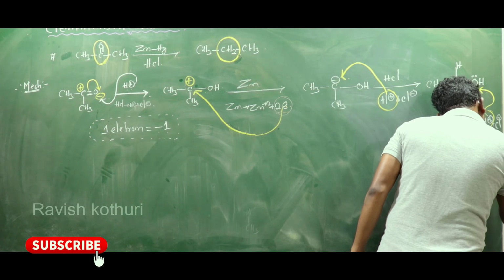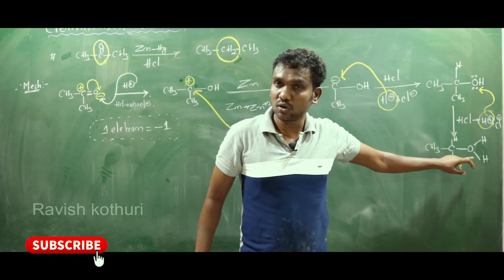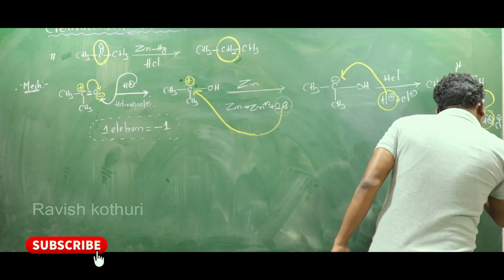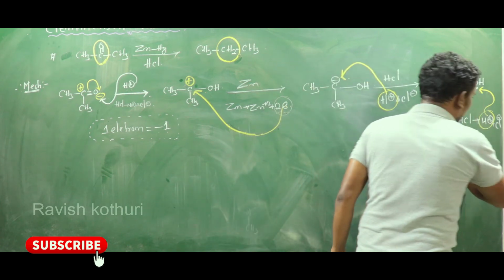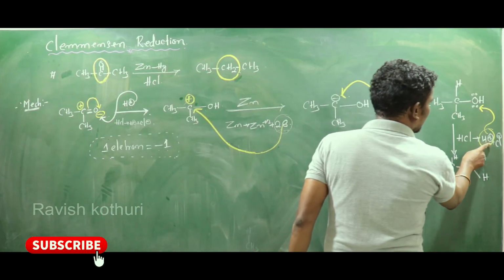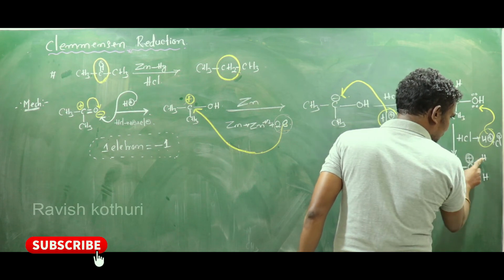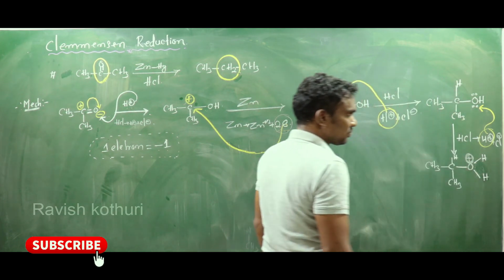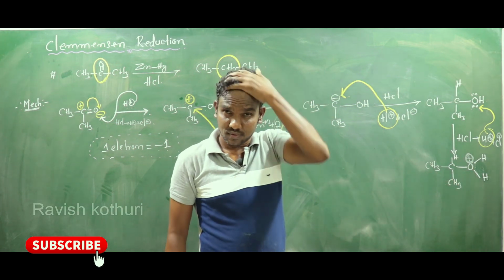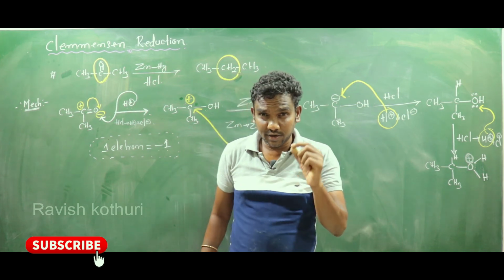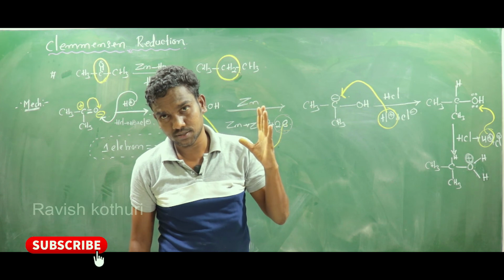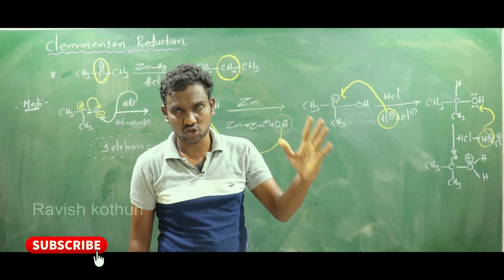When oxygen gets 3 bonds, what happened? It appears as positive charge. One H plus attacks over there, so oxygen gets 3 bonds: 1, 2, 3 bonds. When oxygen gets 3 bonds, oxygen gets positive charge. That's all, my dear.